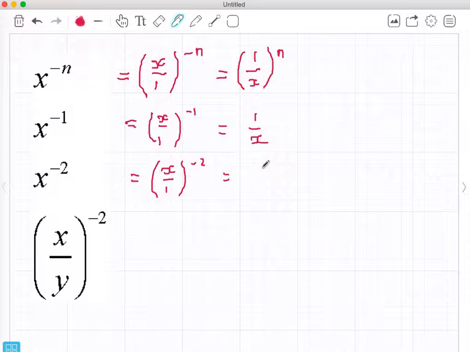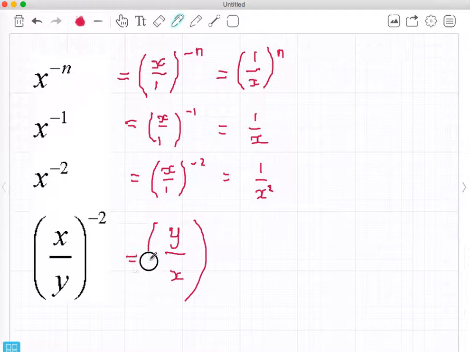I now flip the fraction over, and this has got to be to the power of 2. So is the 1 actually, but we never really write the 1 to the power of 2. Again, flip the fraction, so it's now y over x, but now we've taken away that negative power. So it's this. Square each part inside, like that.